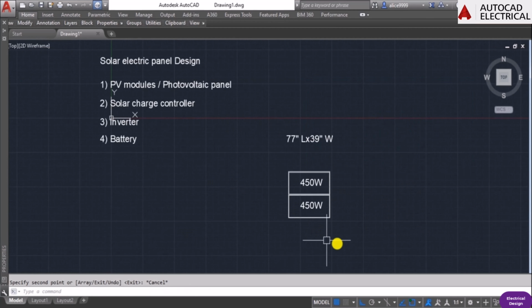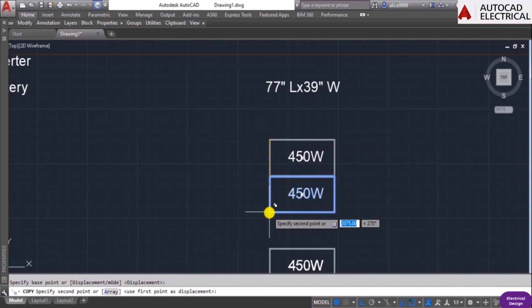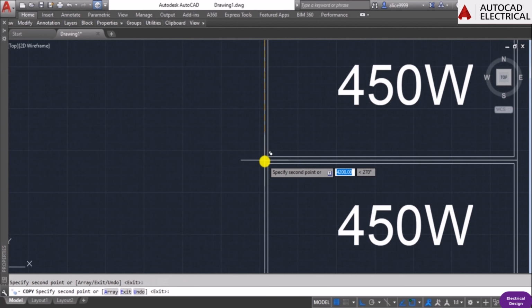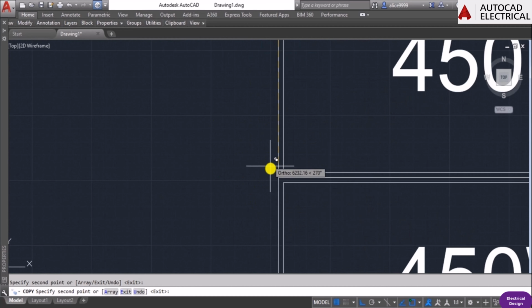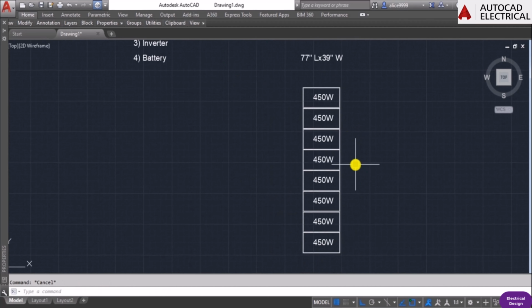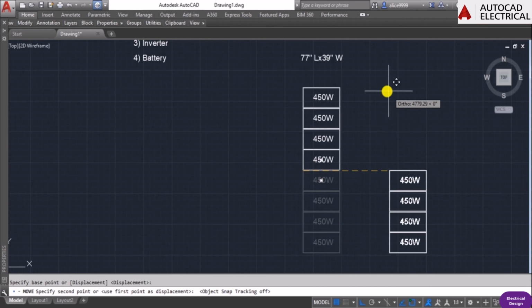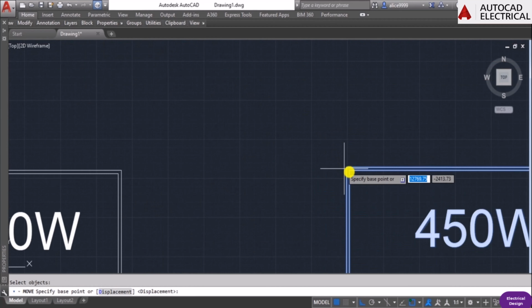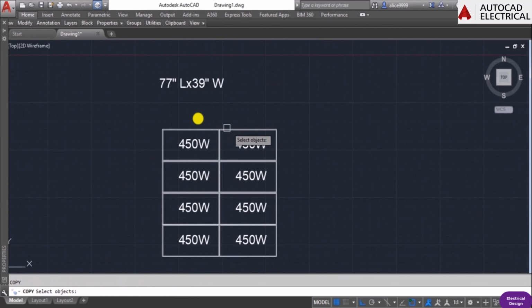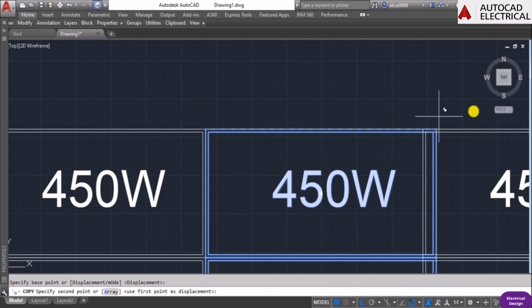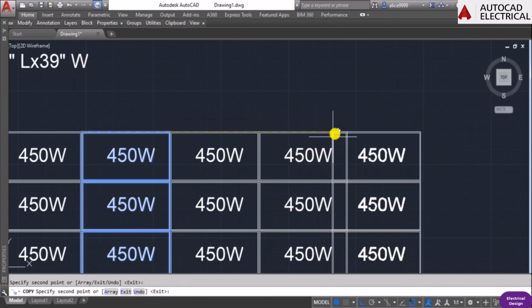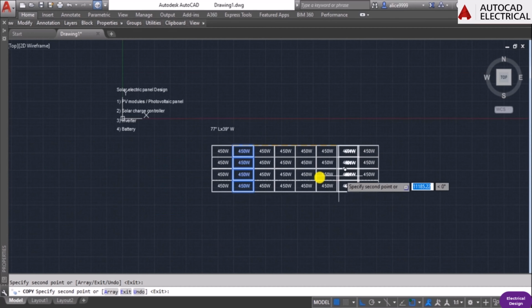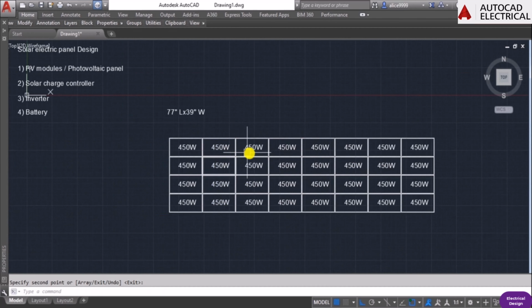I need to assemble them like this. This is the entire 4 panel group, and I need to draw 10 columns and 4 rows, so it will become the 40 panels.